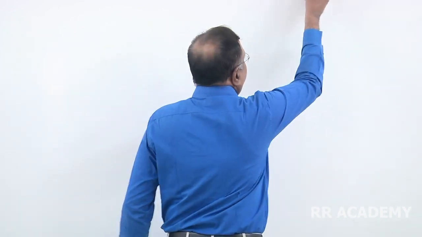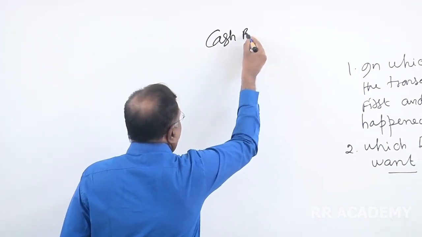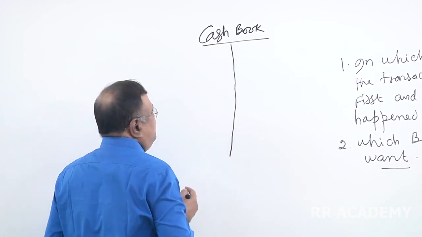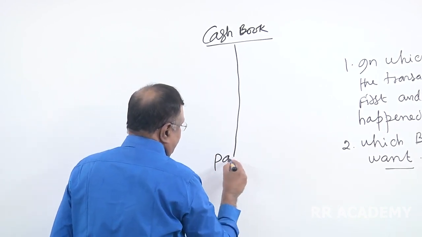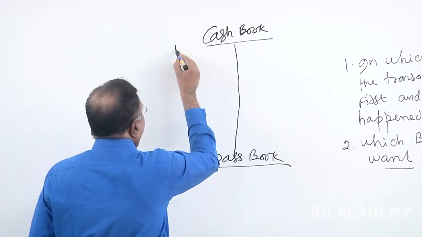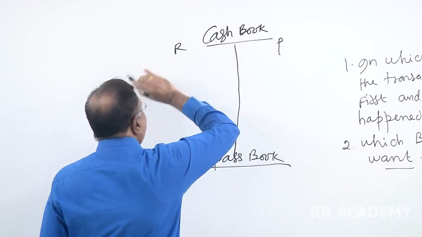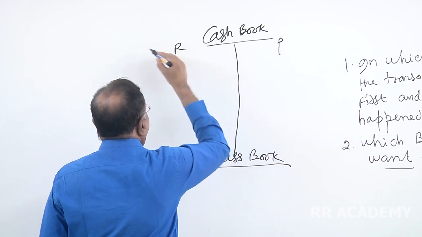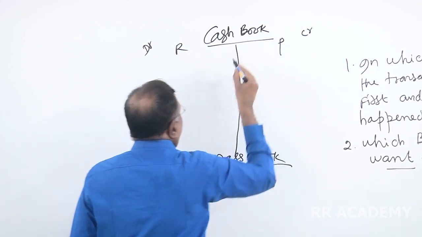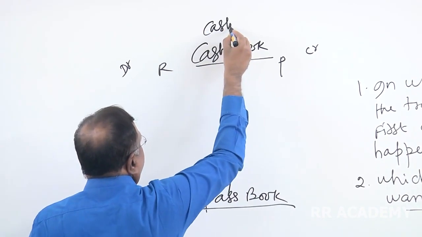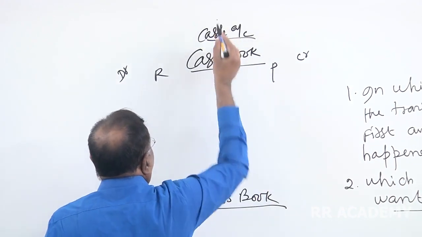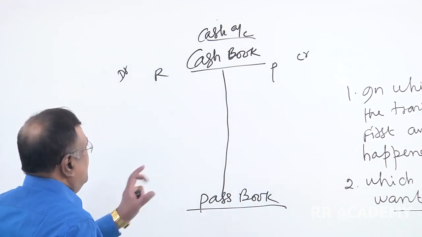Now, friends, please understand cash book. I told you this must come before your mind. Now here, passbook. Cash book has receipts and payments sides. Debit side, credit side. Debit what comes in, credit what goes out. Because this is nothing but the cash account, receipts and payments. This is the cash book.